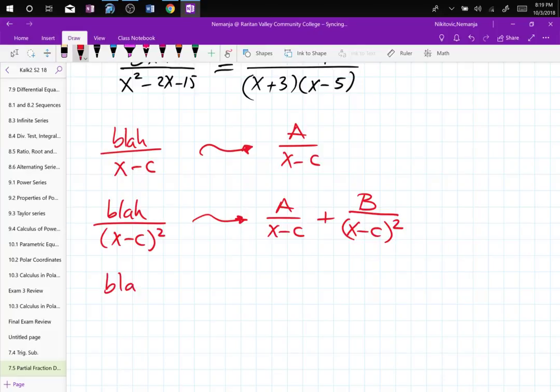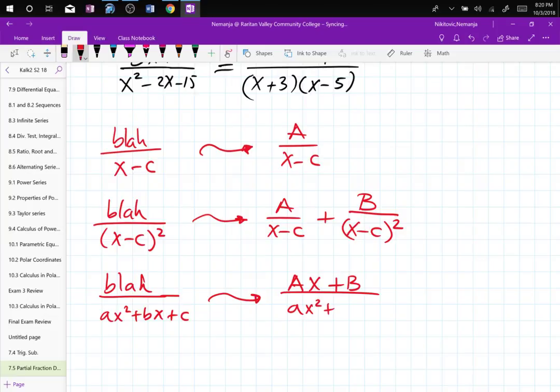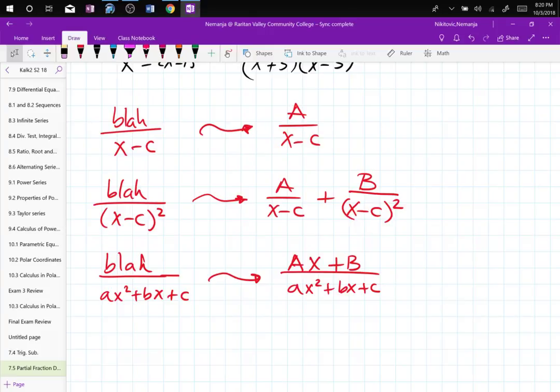Then we have the setup for a quadratic. If you have ax squared plus bx plus c, that will be set up as Ax plus B over the same ax squared plus bx plus c. Sometimes you are not able to factor a quadratic anymore, right?